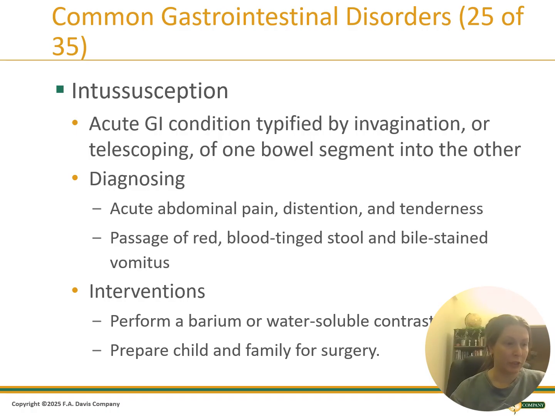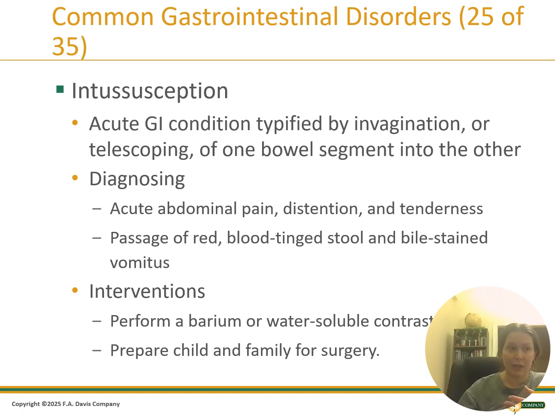So things we want to be mindful of: if you see in a test question something saying that they have currant jelly stool and some abdominal pain, you'll think of intussusception.